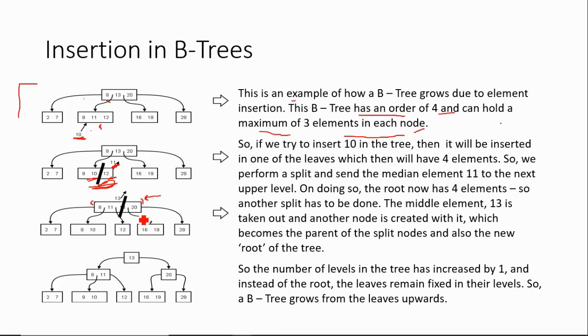The first part will contain 8 and 11, and the second part will contain 13 and 20. Here also we take the element 13 and send it to the top level. Now 13 becomes the root of both split nodes, 8, 11 and 20.